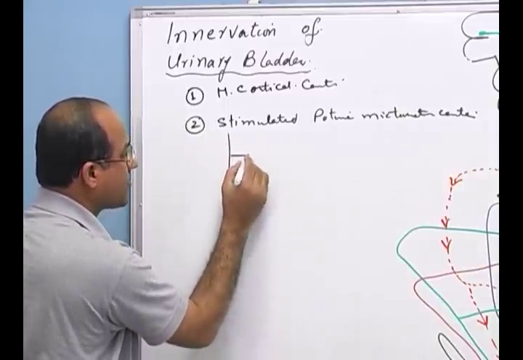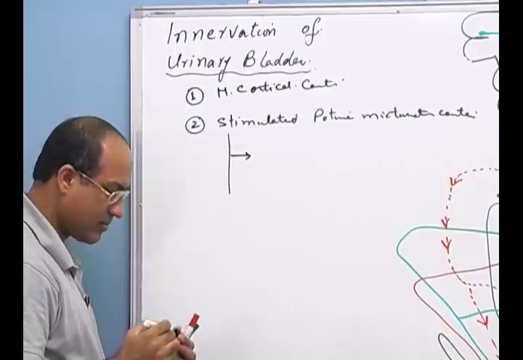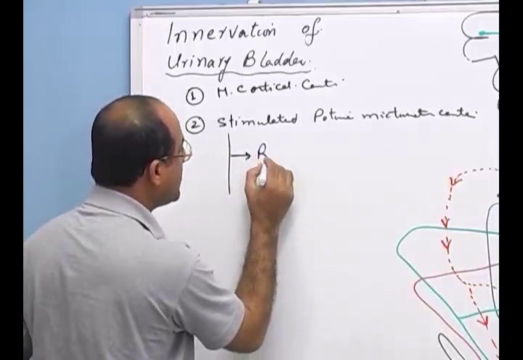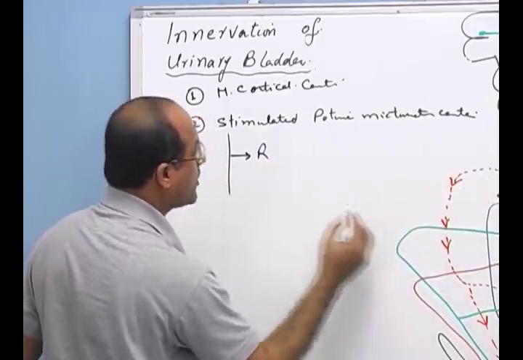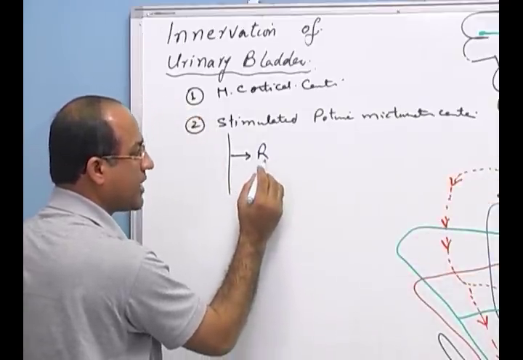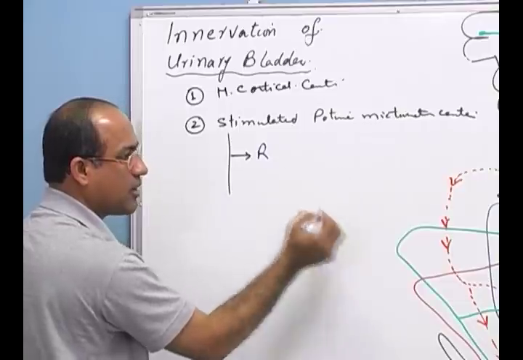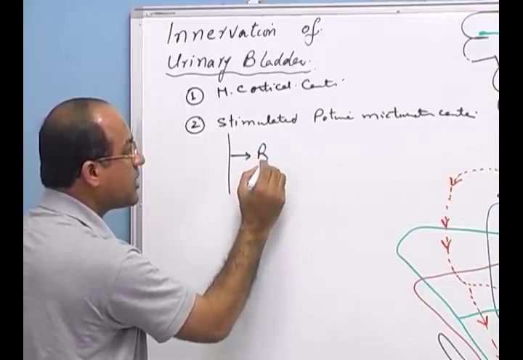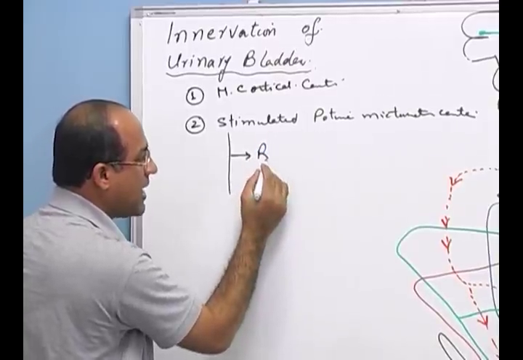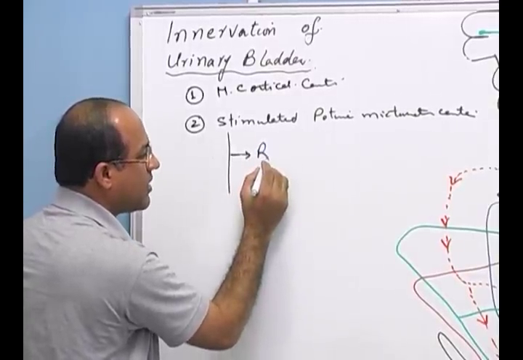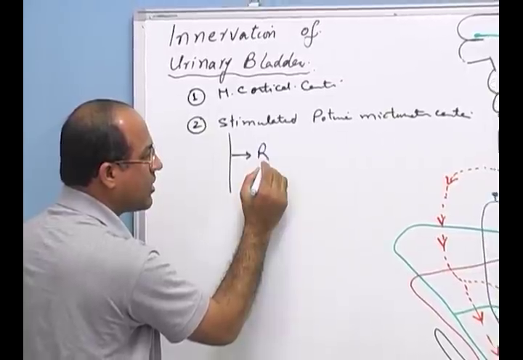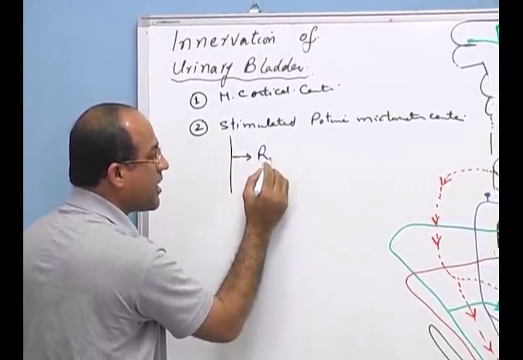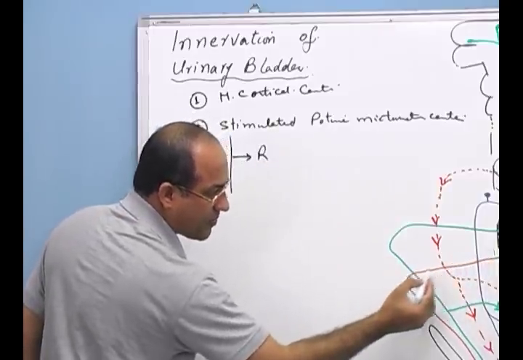Number 1, it will go down and come to the somatic outflow, right? When it comes to the somatic outflow, at S2, S3 and S4, the somatic outflow is basically inhibited.